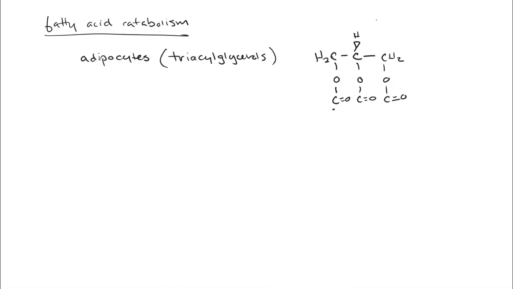I'm not counting and I'm not making nice corners, so you'll have to use your imagination that those are fatty acid tails. And you can see that here we have the ability to cleave free fatty acids from our glycerol backbone. So this is how we're storing fatty acids as triacylglycerols in adipocytes.